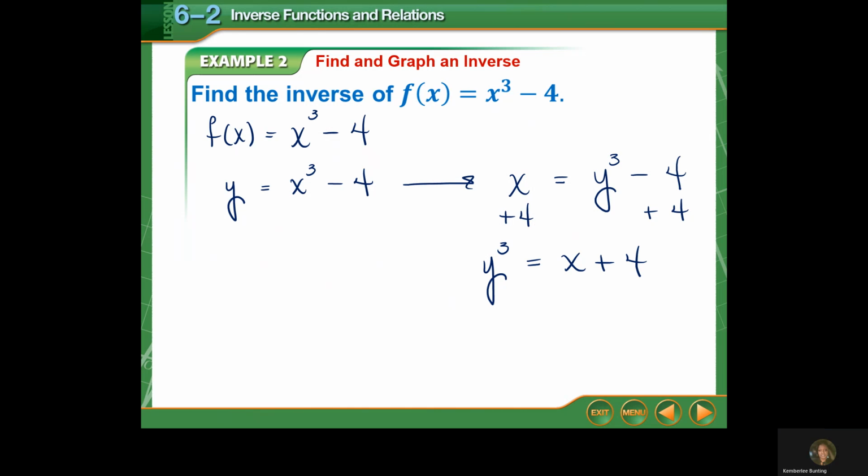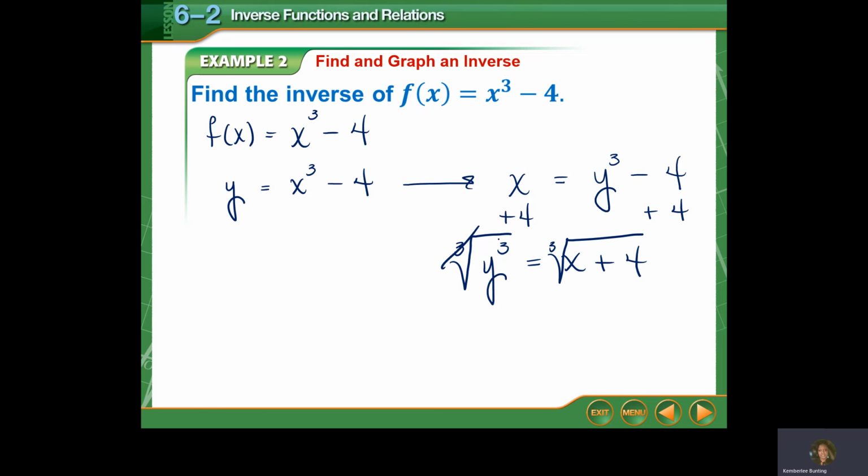All right. So now I've almost gotten y by itself. Y'all see that cubed? Who remembers how to get rid of a cubed? Square root or cube root? Okay, you were right there. Good job. So I'm going to take the cube root of both sides.